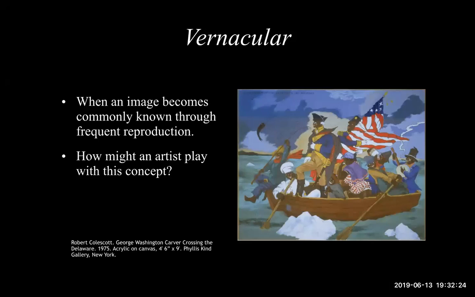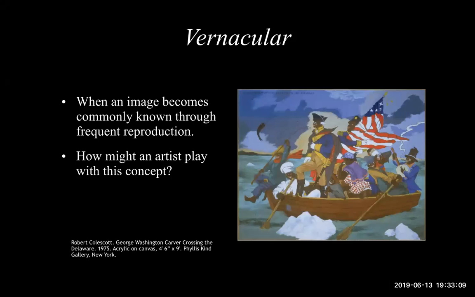This is a play on an iconic image. So in this image, the artist has taken Washington crossing the Delaware and changed it to George Washington Carver crossing the Delaware. He's changed all of this from George Washington, the president, crossing the Delaware and the message that that carried, to this message about race and assumptions and all kinds of other cultural messages.